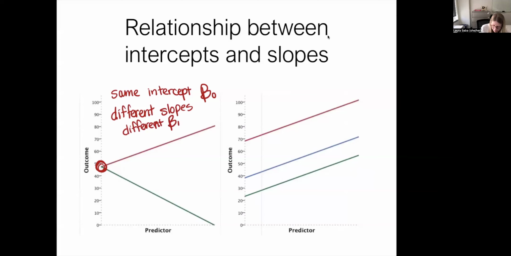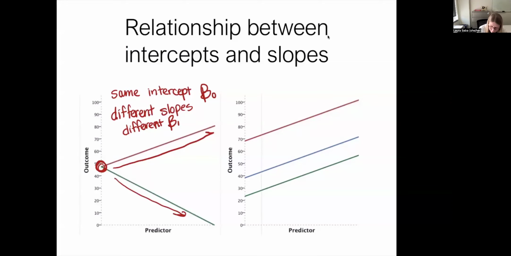So here in this red line, we can see that as our x increases, our y also increases by a standard amount across the whole spectrum of x that we're observing. Whereas the green line decreases, so the y value decreases at some steady pace as our x value increases.